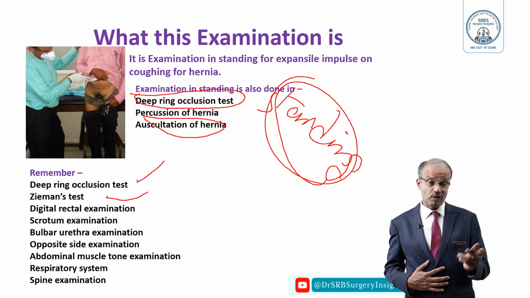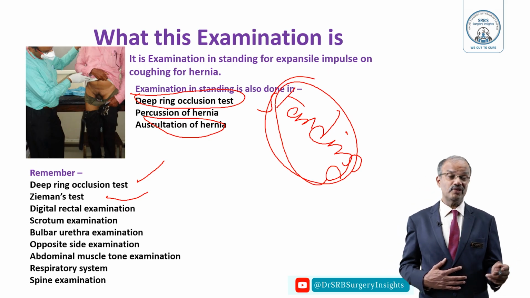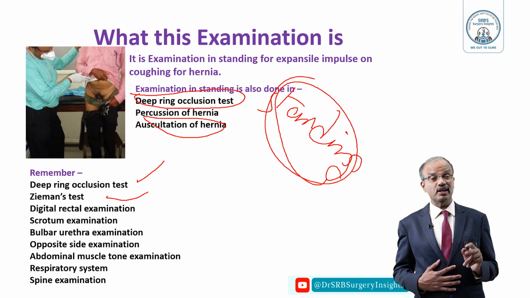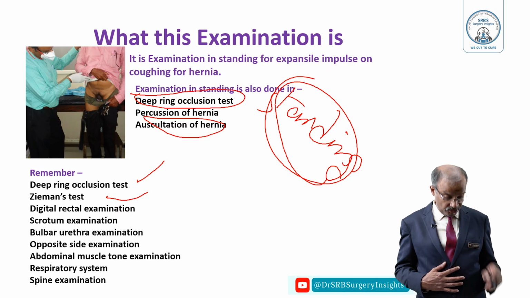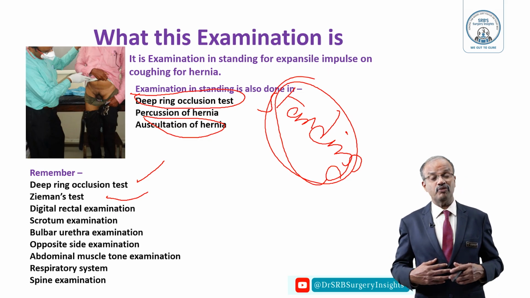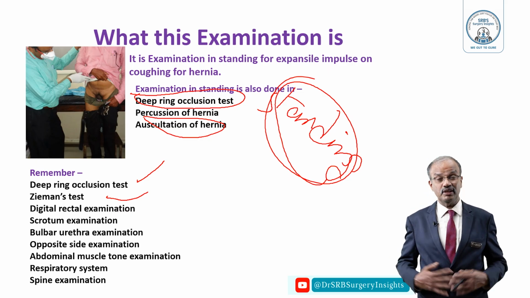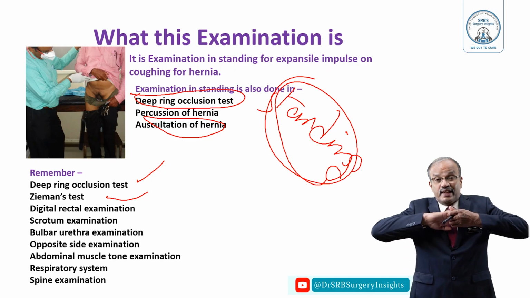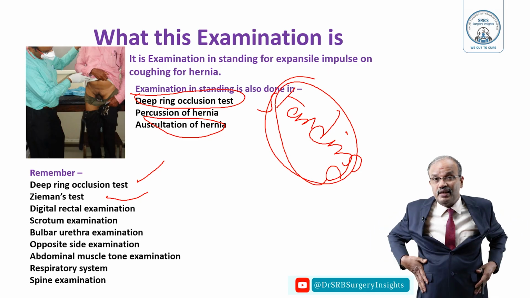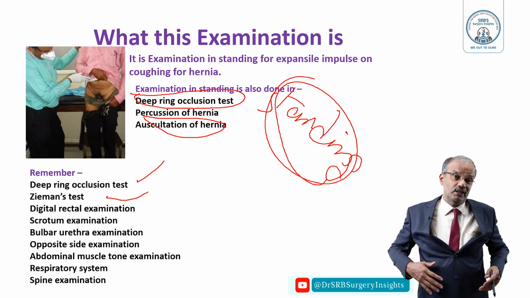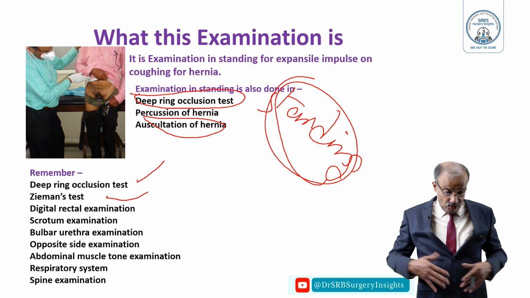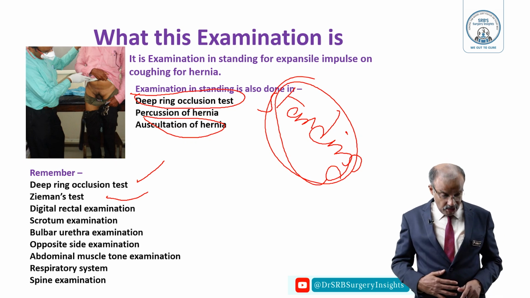Opposite side is important, maybe bilateral. Patient may tell I got only one side, but opposite side hernia may be there. It is your business to examine the opposite side. Abdominal muscle tone for head raising, Malgaigne bulging in the front, or Valsalva maneuver like this or like this from the lateral, as the lateral muscles may get weakened. So both front and lateral muscles should be checked.